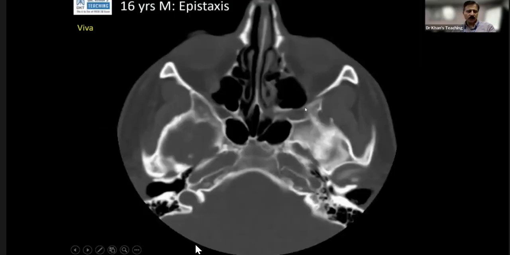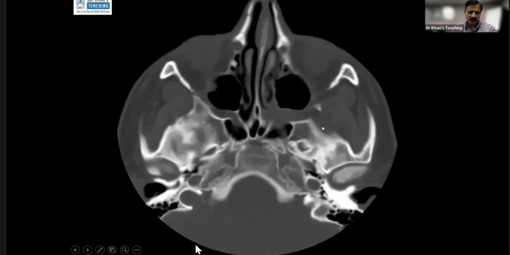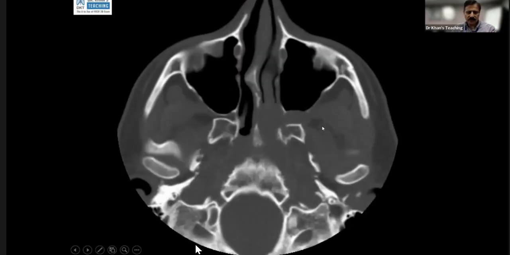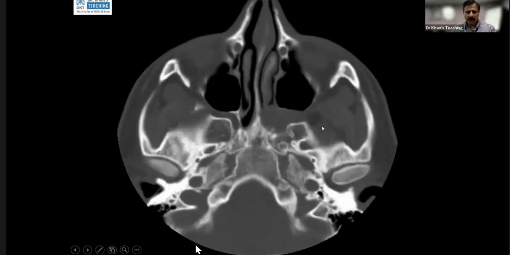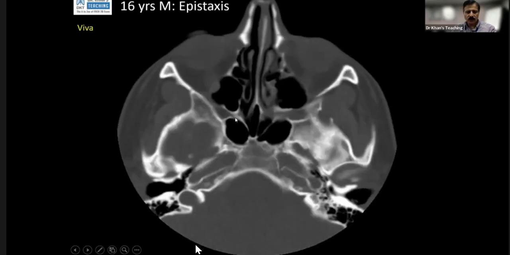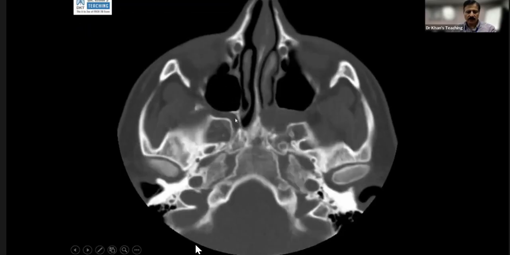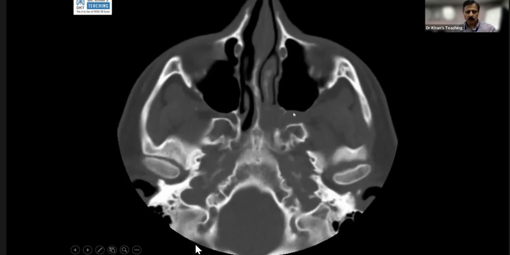Now, if you see here, this is a CT scan of the same case. First of all, look, this is the normal side and this is the abnormal side. So you can see that there is a tumor, nasopharyngeal angiofibroma. It arises from the nasal cavity.